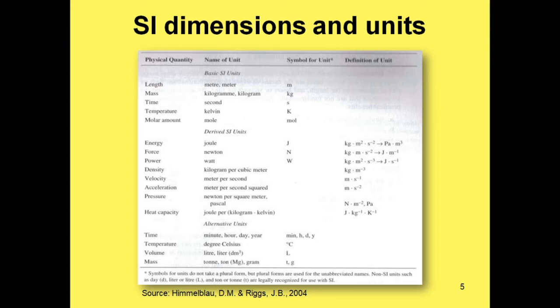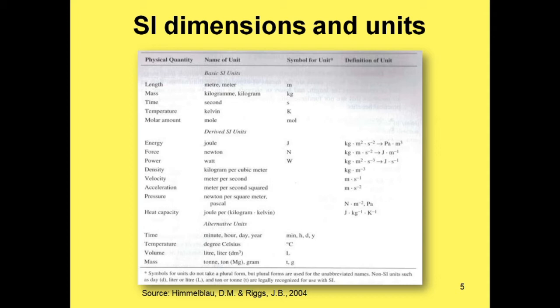Power unit is watt, symbol W. 1 W is equal to kg meter square per second cube or joule per second. Density unit is kilogram per cubic meter, that is kg per meter cube. Velocity, meter per second.